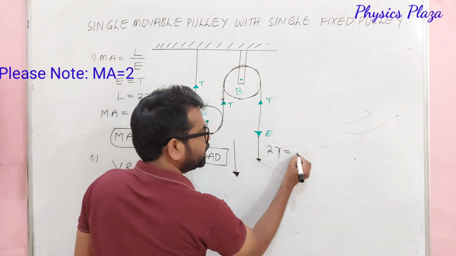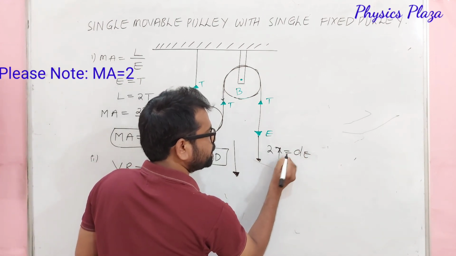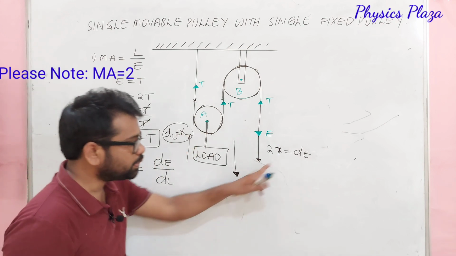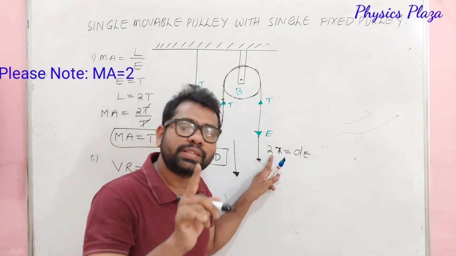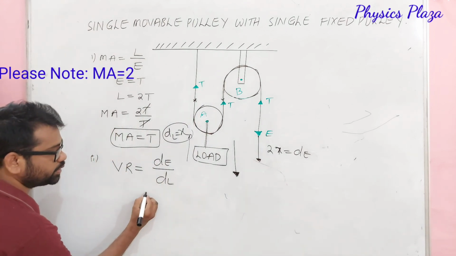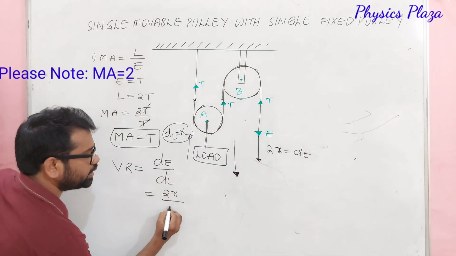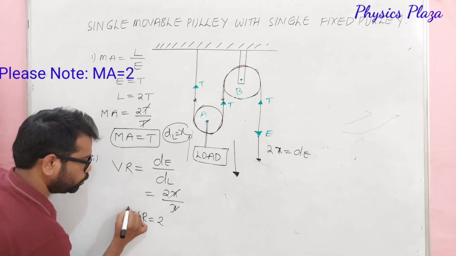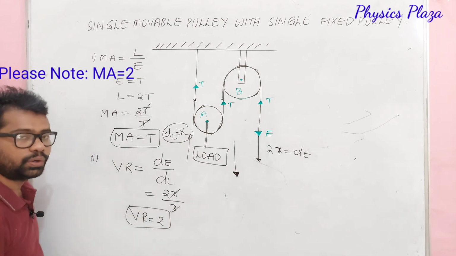That is the effort displacement. So effort displacement is 2x and load displacement is x only. So we substitute, that is 2x by x. Both x get cancelled, that is velocity ratio is equal to 2 only.